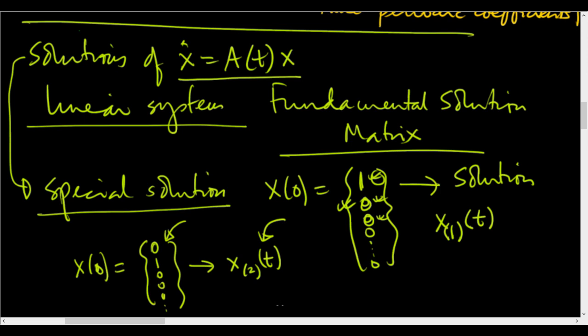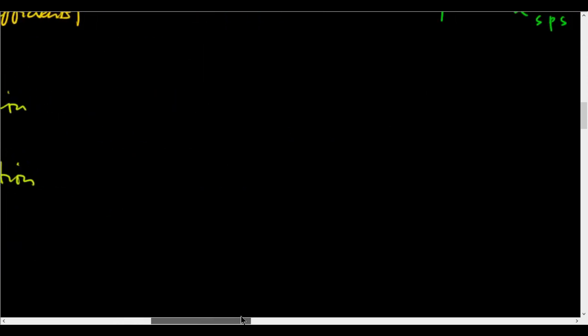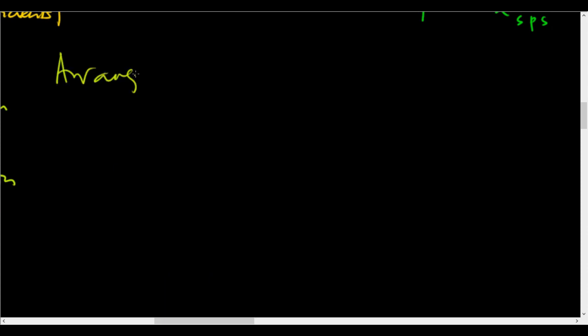So in this way I take n solutions. I can take them in principle as a theoretical idea, or I can take them by actually calculating them. Okay, so then I arrange them in an n by n matrix, which is a function of time.